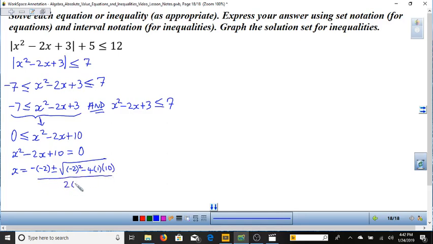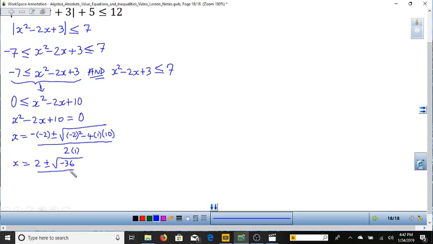When I try to solve that, I get 2 plus or minus the square root of 4 minus 40. That's negative 36. And once we have a negative under the square root, we know this is not a real number, which means there is no x-intercept. If there's no x-intercept, that means this expression is always going to be positive or always going to be negative. We just have to check out which one it is. So let's see.